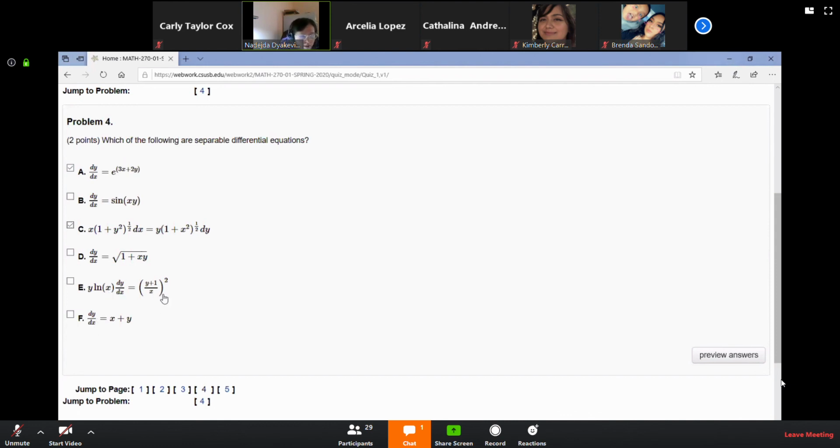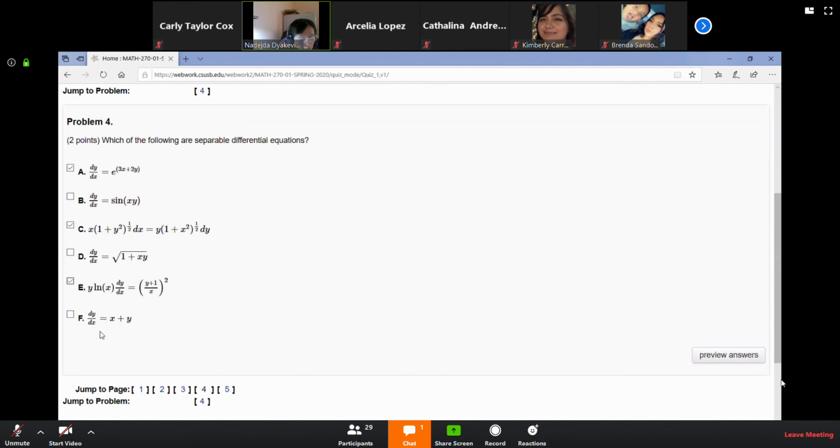How about this next one? What do you think? Yes. Yeah, I think we can separate, and all we have to do is divide both sides by ln of x, multiply both sides by dx, divide both sides by (x plus 1) squared. Do you agree?